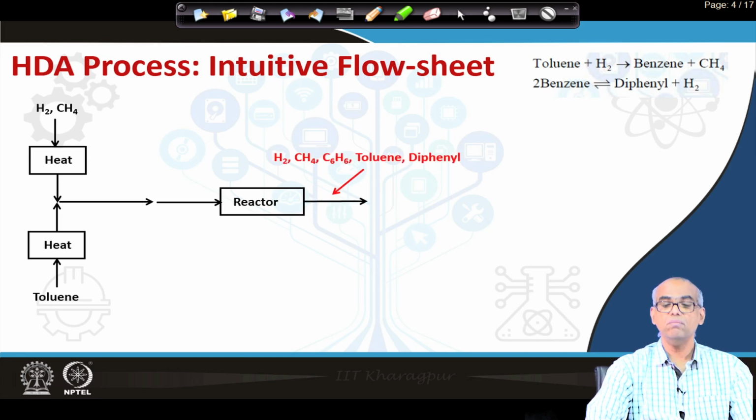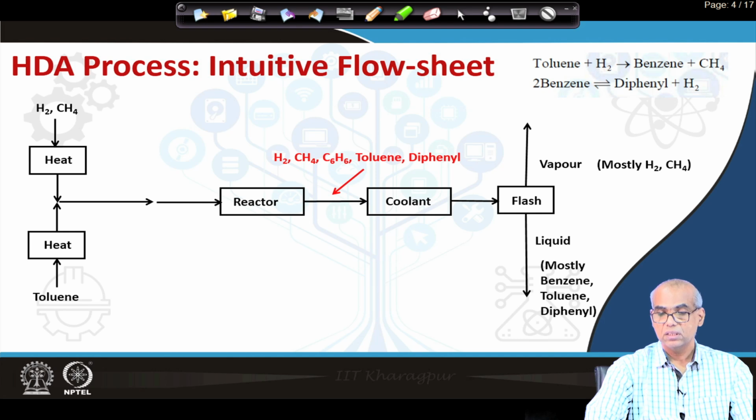So, the effluent stream from the reactor will contain desired product benzene, undesired byproduct diphenyl, and also hydrogen, methane and unreacted toluene. This reactor effluent stream will be cooled and then flashed. The vapor product will mostly contain hydrogen and methane.